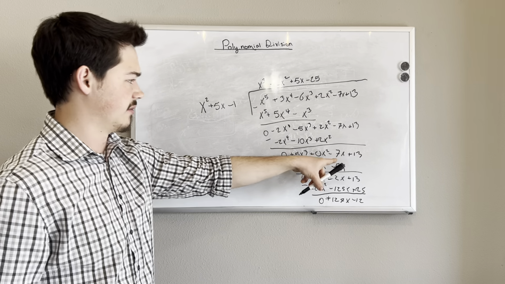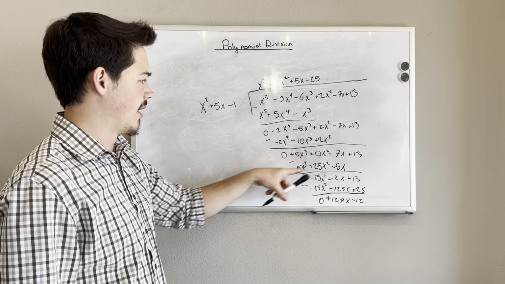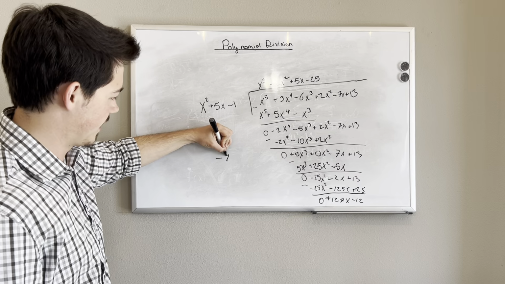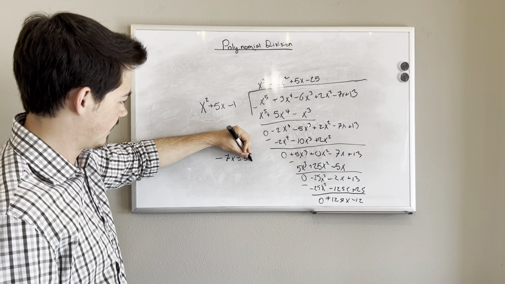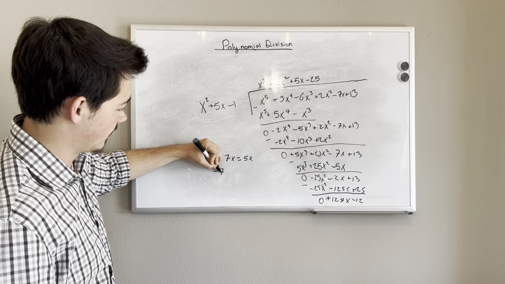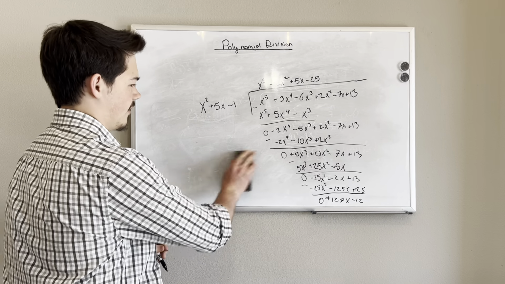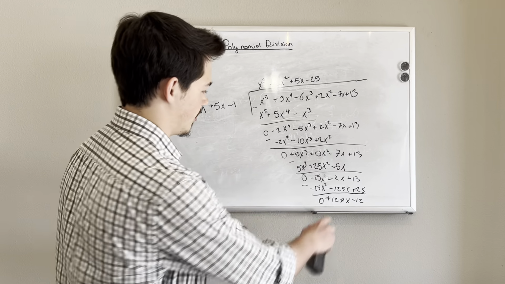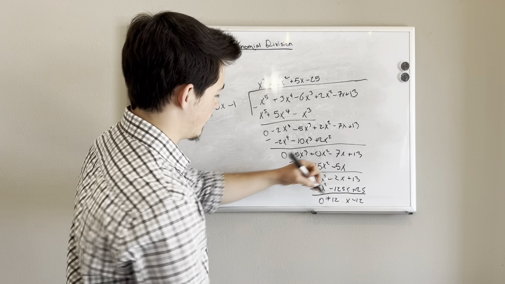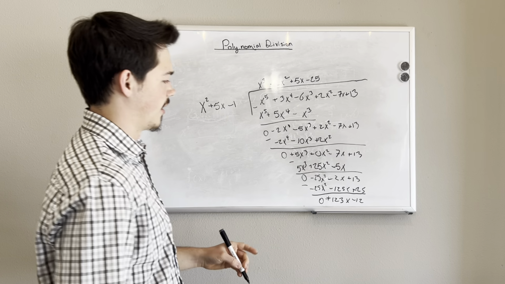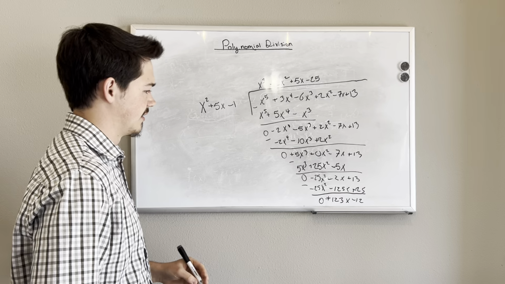This comes from here. The negative 7x minus negative 5x is the same as negative 7x plus 5x, which should be negative 2x, not positive. So then these added together should be 123x, not 127. The negative 12 stays the same.